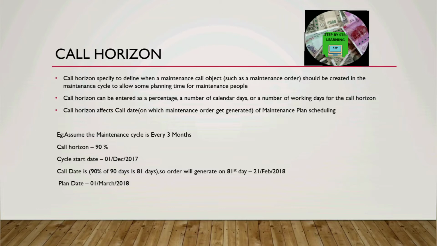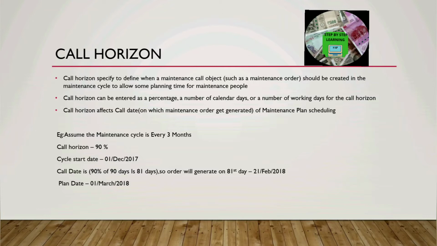Today's date, I am starting 1st December 2017. Let's take some year. So 3 months is my cycle duration, so my ideally planned date, that I need to do some maintenance on, the next maintenance date is 1st March 2018. That is 3 months.